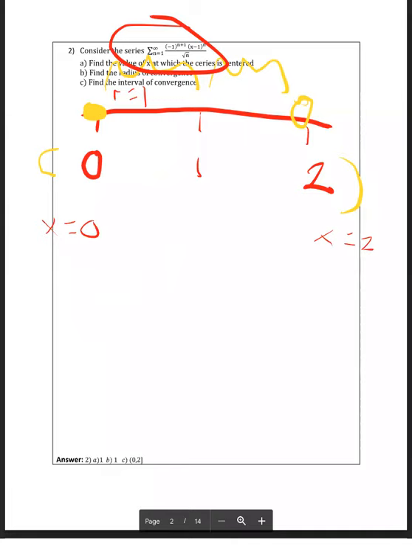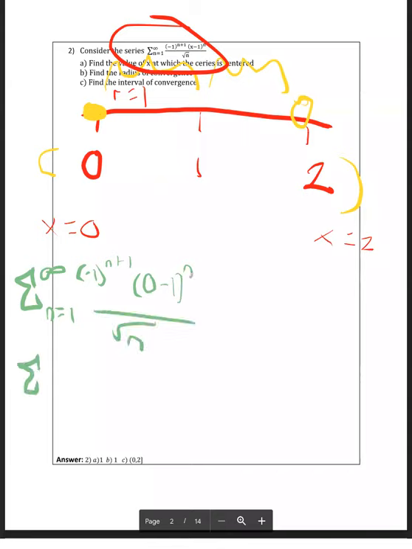I'm going to do it and see if it rings any bells. Okay, so we're going to plug in 0. I'm going to plug in 0 right here, and we're left with this: -1 to the n plus 1 over -1 to the n over the square root of n.